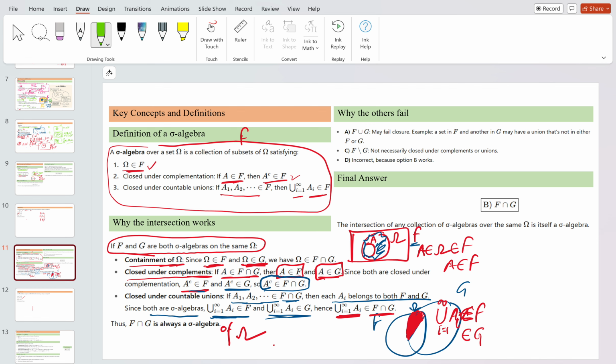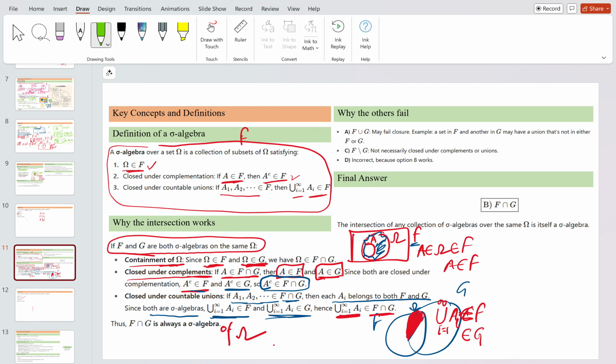Here we have seen that omega belongs to F and omega belongs to G, so omega belongs to F intersection G. Second is closure under complement: A belongs to F intersection G, so A belongs to F and A belongs to G. Since both are closed under complementation, A complement belongs to F and A complement belongs to G, so A complement belongs to F intersection G.